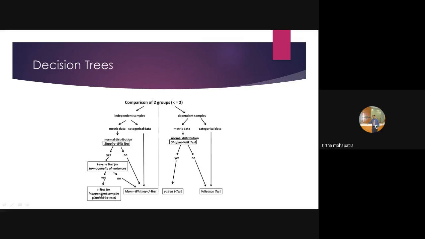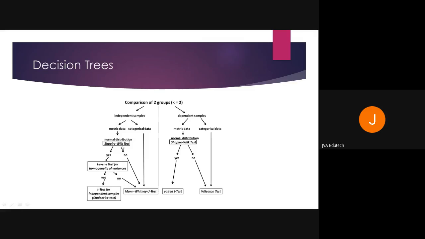Else, if it's metric data, that's why I said it is very important to understand the difference between metric and categorical. If it's metric data, check whether it is normally distributed or not. If it is normally distributed, then check for homogeneity or homoscedasticity.